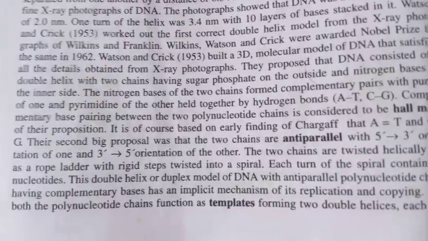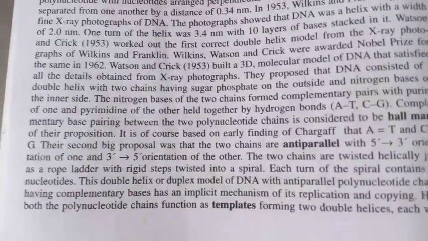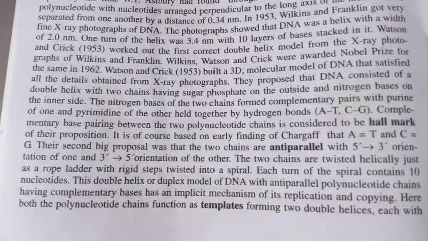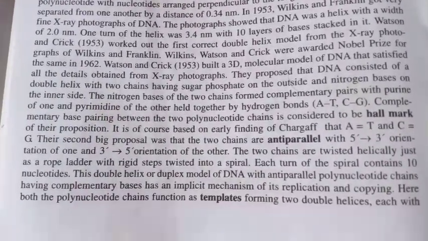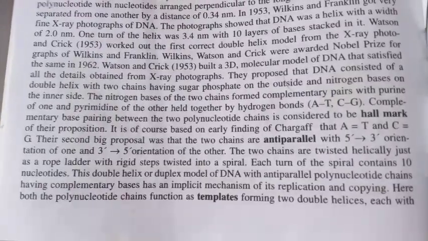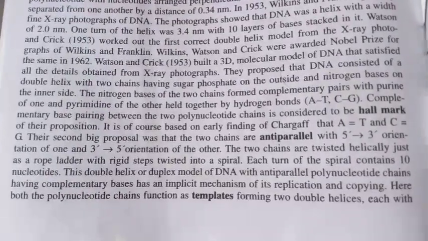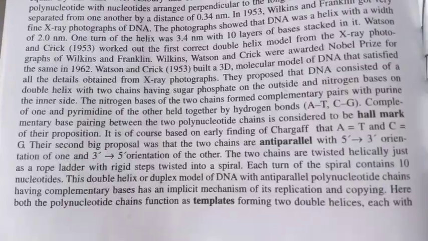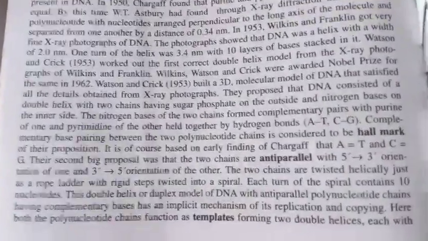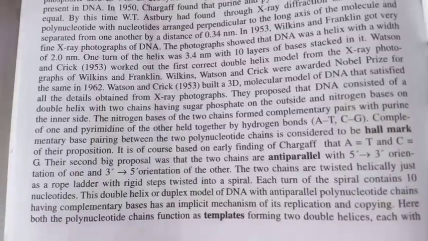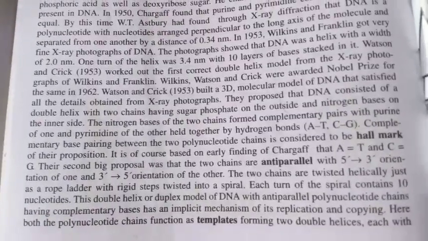It is, of course, based on the early finding of Chargaff on adenine, thymine, cytosine, guanine. The second big proposal was that the two chains are anti-parallel, with 5' to 3' orientation of one and 3' to 5' orientation of the other.